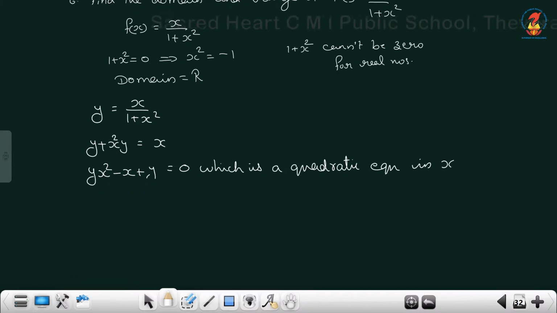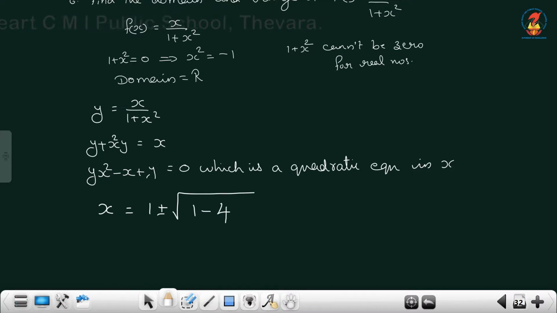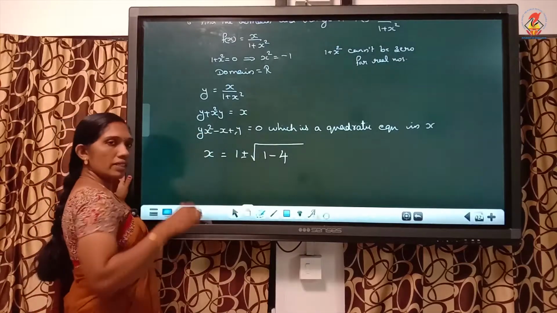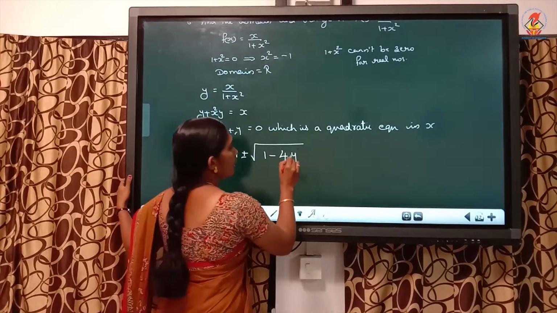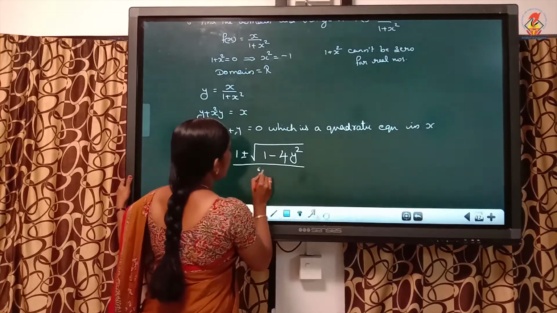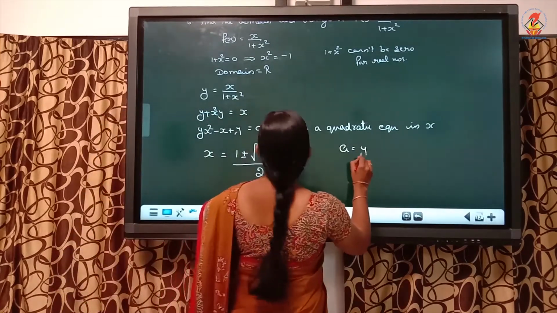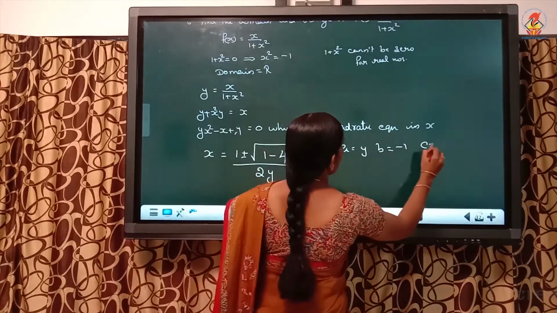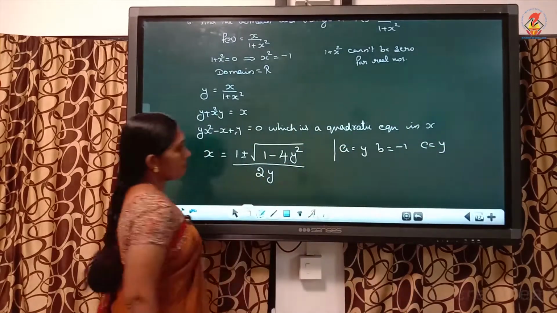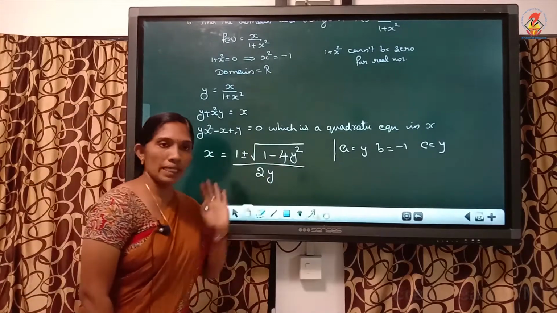Using that, I can write x is equal to minus of minus 1, that is 1, plus or minus root of b square minus 4 into coefficient of x square, which is y, and the constant term is also y, so y into y, by 2a. Here a is y, b is minus 1 and c is y. So we get the x value like this.